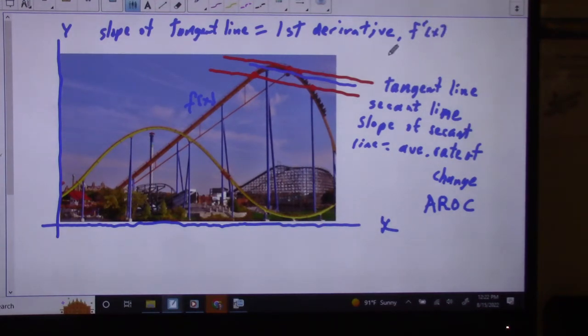Sometimes you'll see it written like this, d dx of f of x. That's supposed to be f of x. So when you say d dx, that's the first derivative. D over dx equals f prime of x.